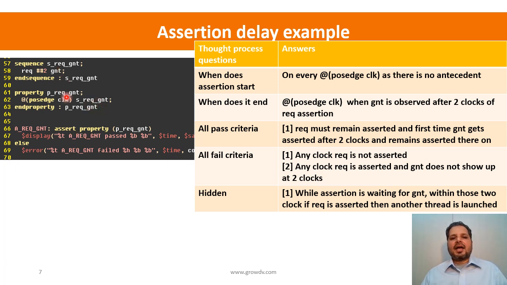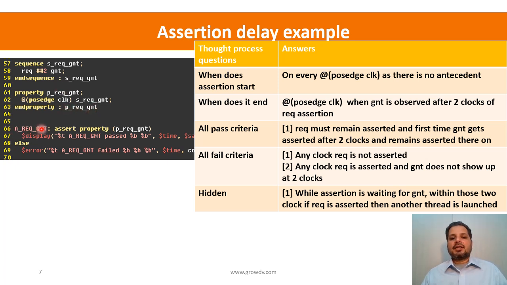And as we have seen, just declaring the sequence and properties doesn't enable it in the simulation; we have to combine it with one of the directives to enable it. Here we are doing assert, and this label is even more important than the other label.